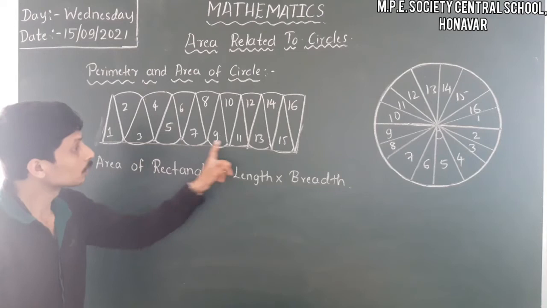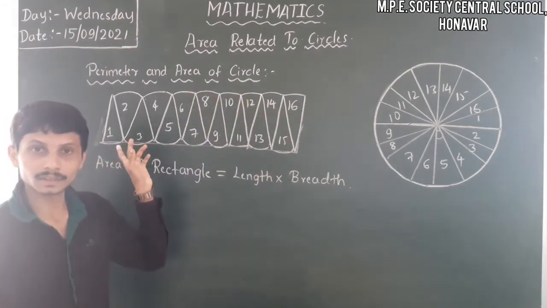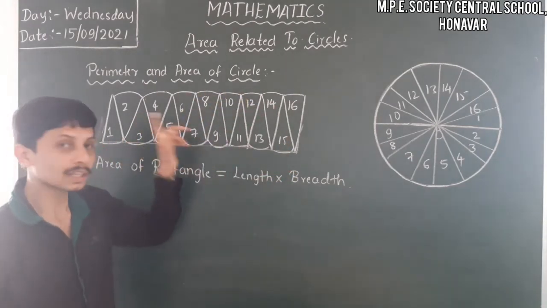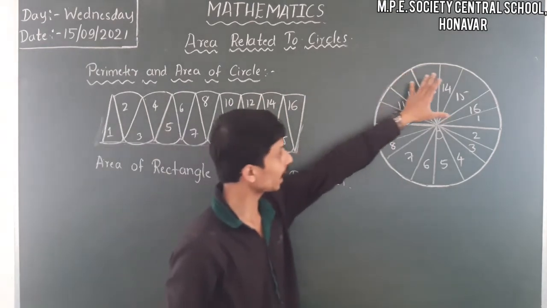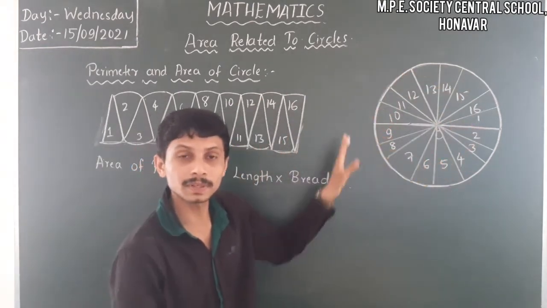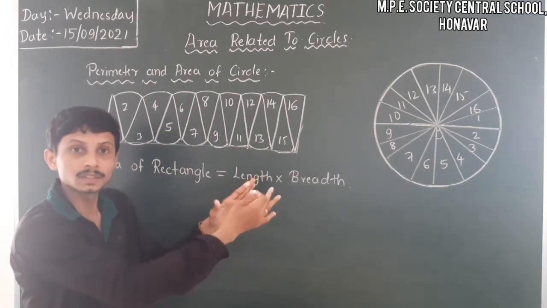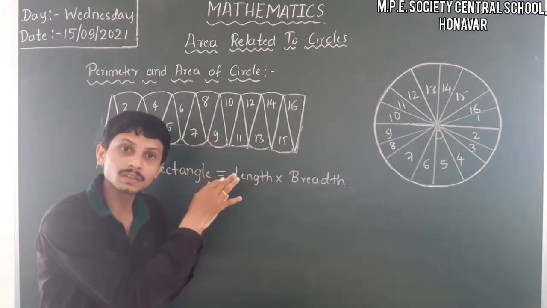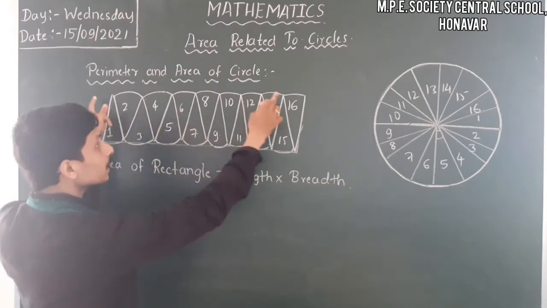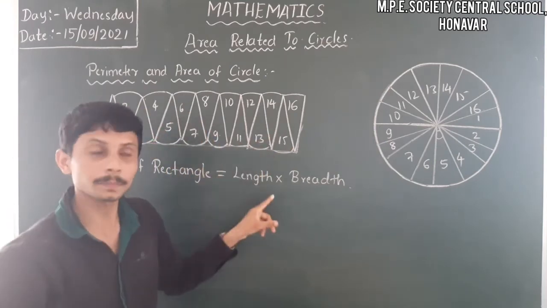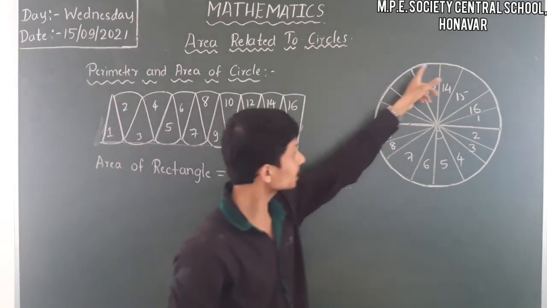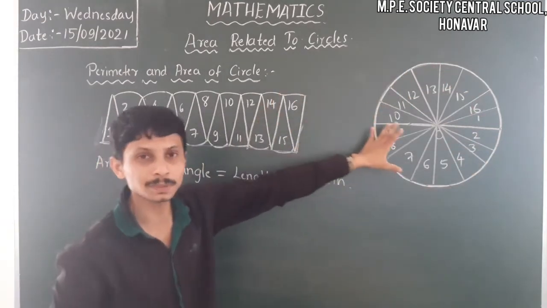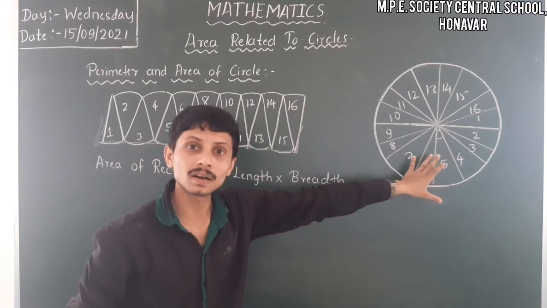If you find the area of the rectangle, that means it is nothing but the area of the circle as well. Because whatever parts we have inside the circle, we completely arranged one after the other, so that it becomes one rectangle here. Whatever space we have inside is nothing but the area of the circle as well.